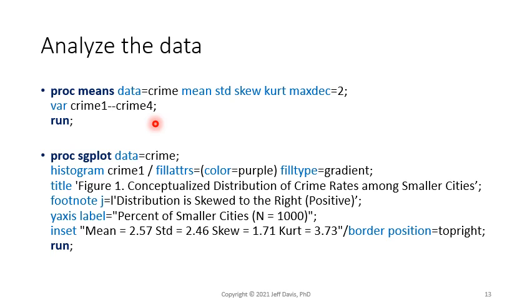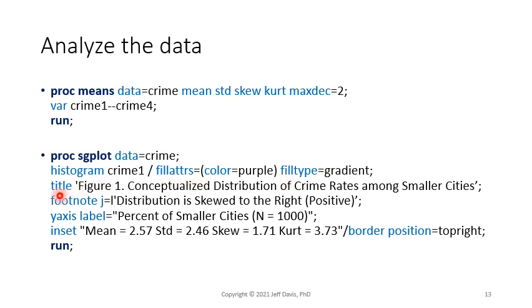Okay. All right. For the proc SGplot statements, they're largely all the same, just with different text accordingly. So here I put SGplot data equals crime. And then for my histogram for crime 1, I have some funky colors here. I don't think I've shown you this particular fill pattern, but this is one type of option you can use.